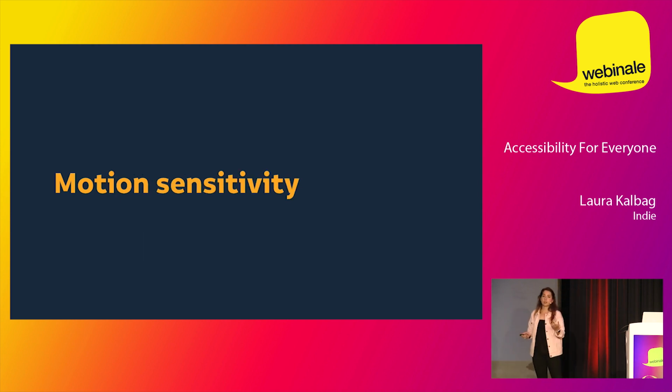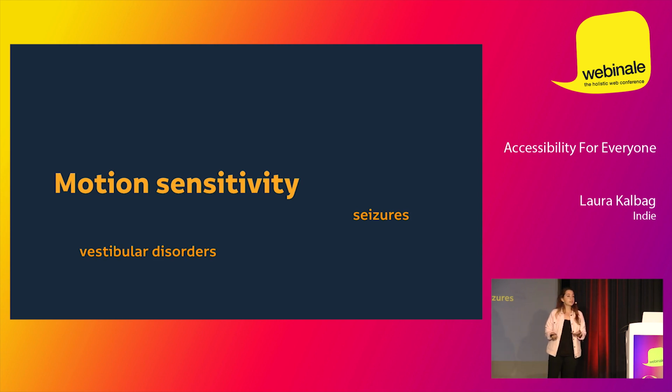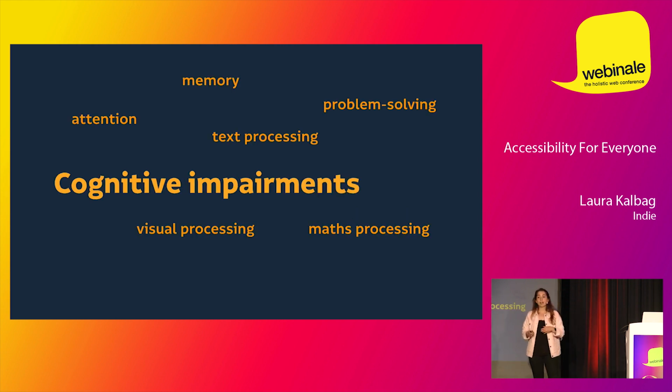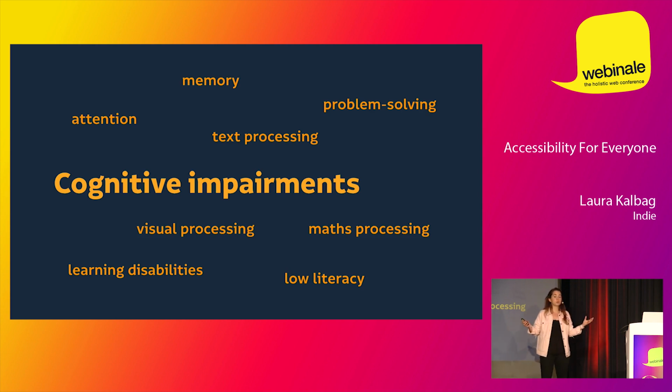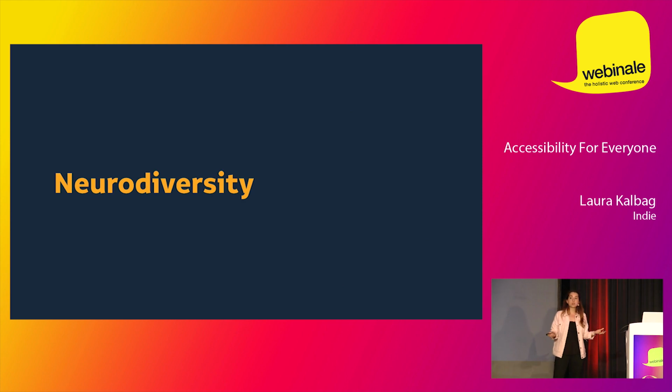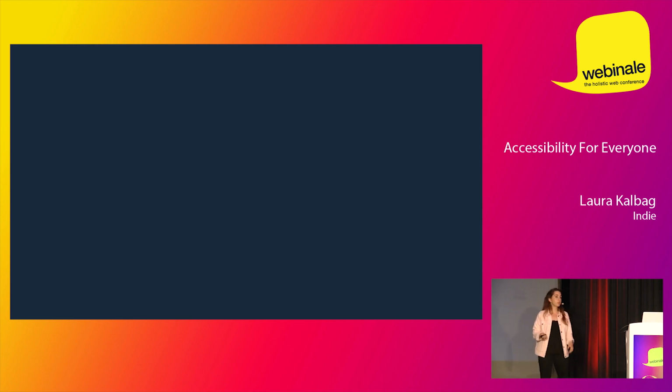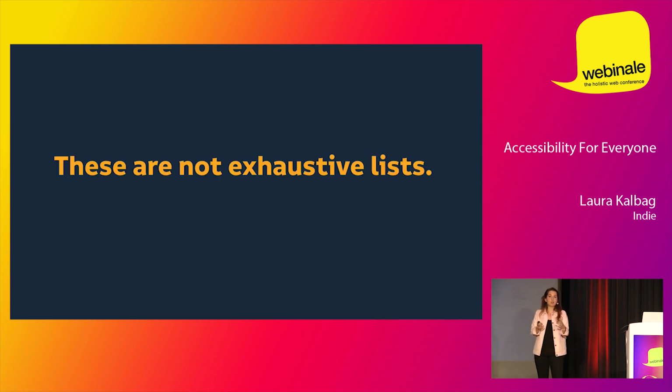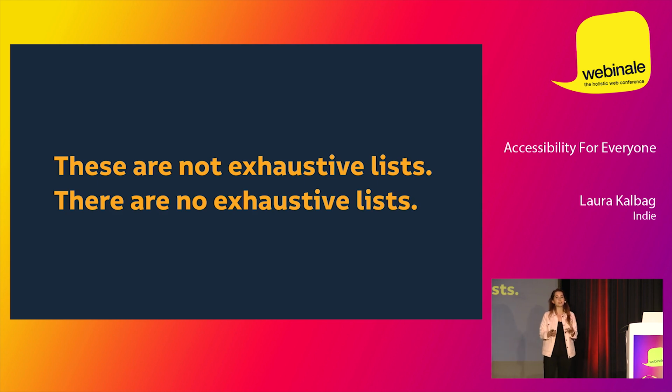There's also motion sensitivity, having vestibular disorders or seizures, and cognitive impairments and differences which range enormously too, and can make up things like learning disabilities or contribute to low literacy. And you might be neurodiverse. You might see the world differently from many other people around you. These are not an exhaustive list of disability. There are no exhaustive lists of disabilities and impairments.